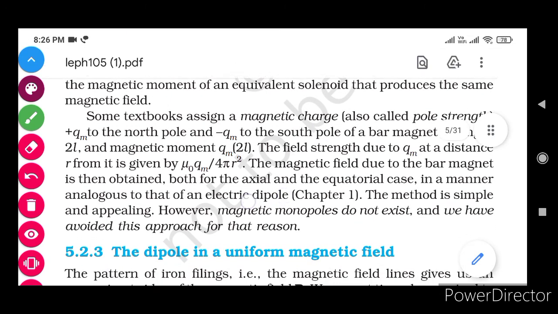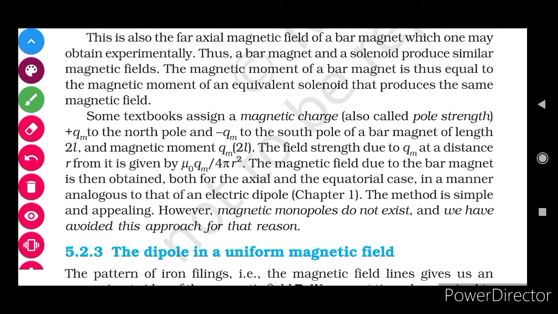Then we can obtain the field due to the whole dipole, because of the two charges, following similar steps as in the electric dipole case. But here it is avoided, as I already told you, because we cannot separate magnetic poles; they will always be in pairs, whereas an electric dipole can be separated.